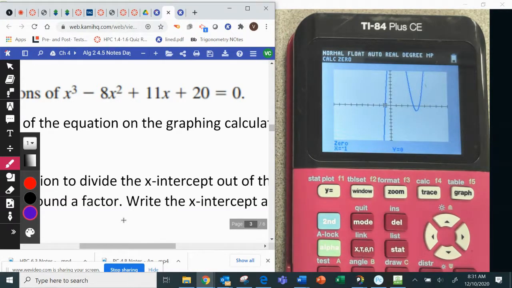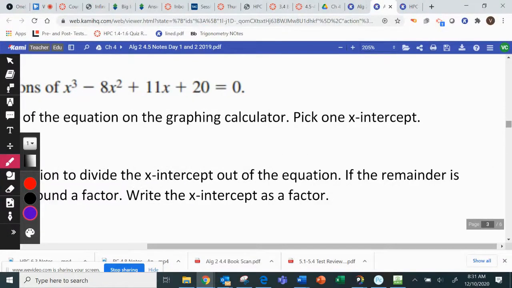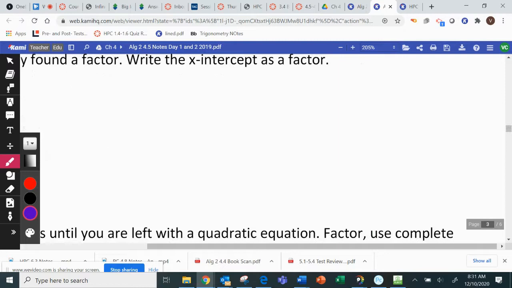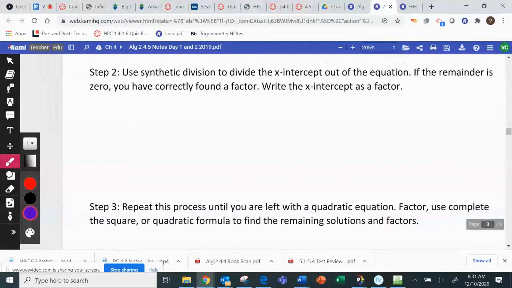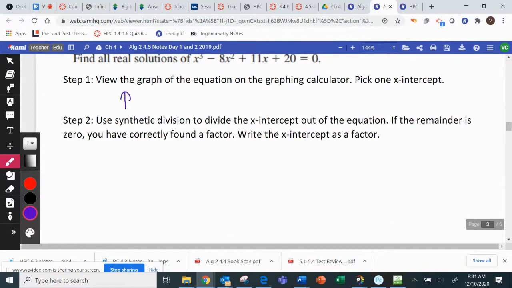So we have used our calculator. Now we're going to take it to the paper. Beep, beep. I gotta zoom out a little bit. We picked -1, 0, where x equals -1. That's what we did. It says use synthetic division to divide out that x-intercept.